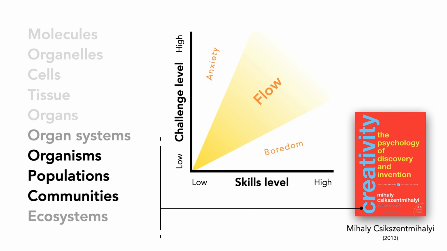You're just focusing on your thing. That's flow. If you have too low skills but high challenge, it becomes anxiety. If you have high skills but not so much challenge, then you become bored. But if you have the right balance between challenge and skill levels, then you're in flow.